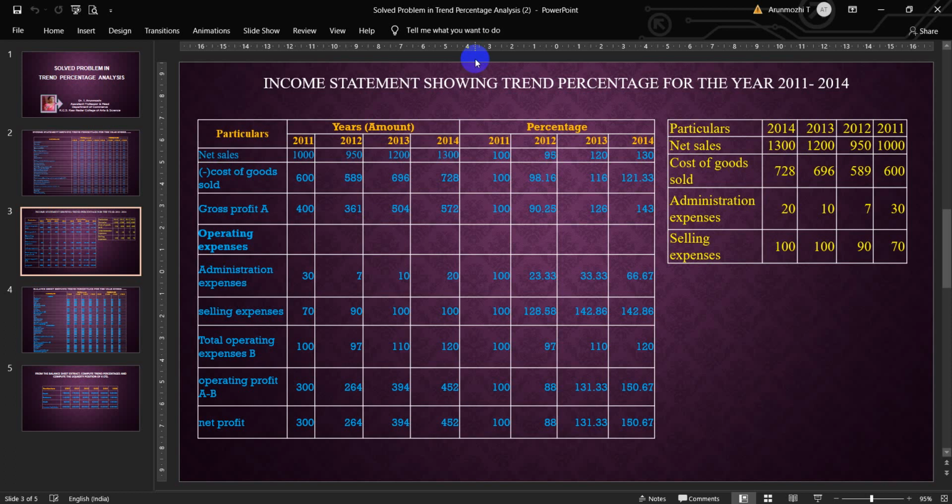Then 1300 into 120 divided by 1200, you get 130. Hope you understood the net sales.